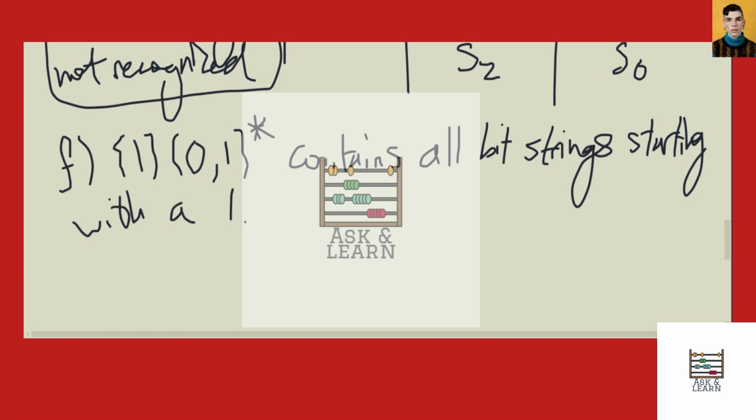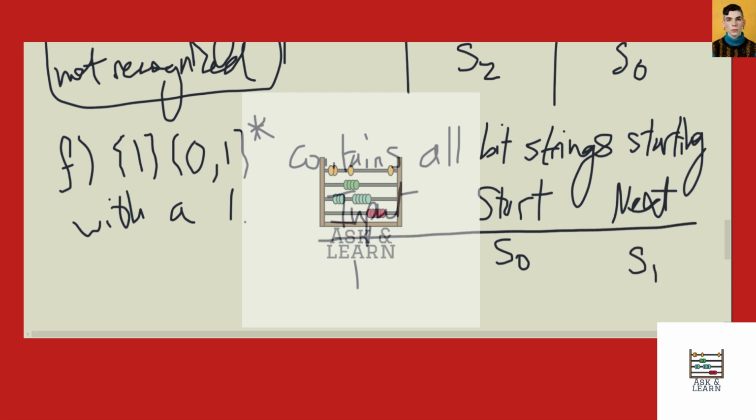Now, all we have to do is look at our first input. It's a 1, and therefore it follows, since our start state must be S0, our next state must be S1. So already, if we just consider a string with no zeros, with just a single 1, we already have a string that is not recognized.